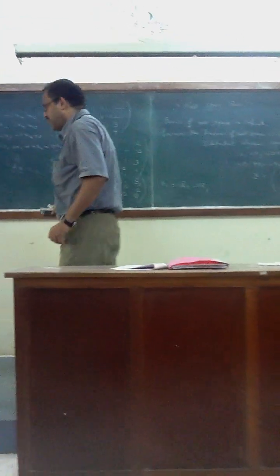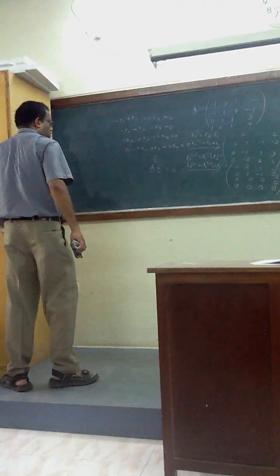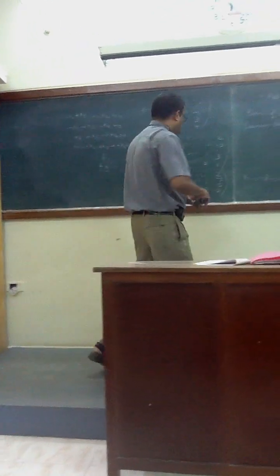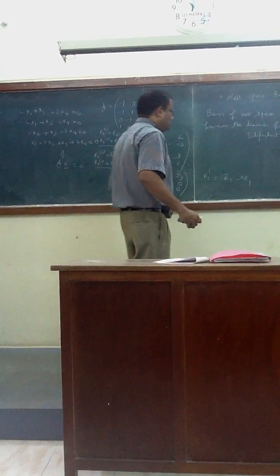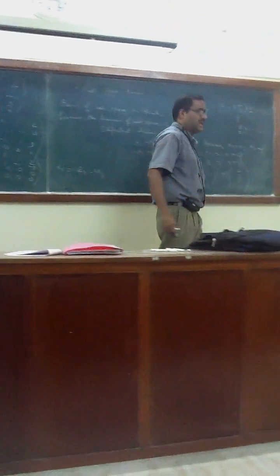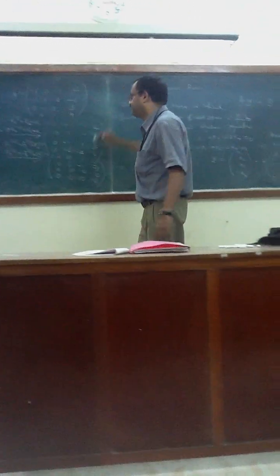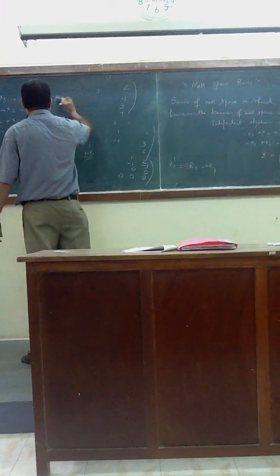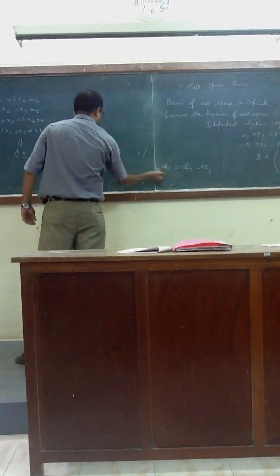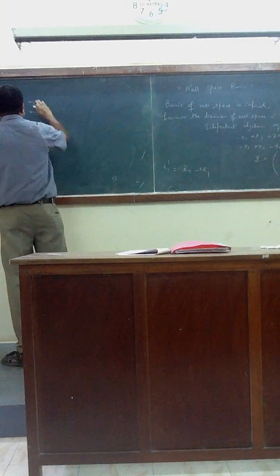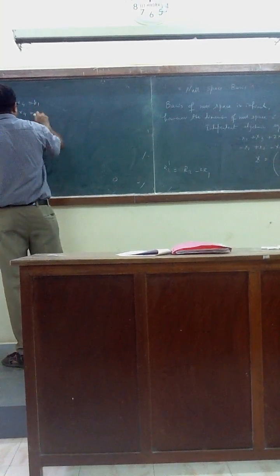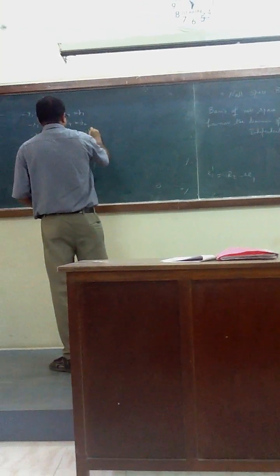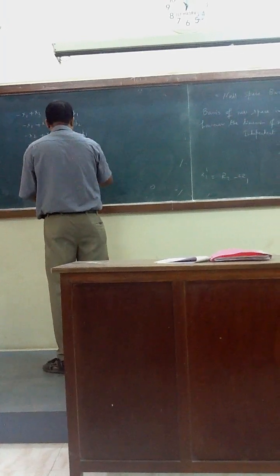So we have seen the dimension of null space is actually 2. Next, we will be talking about something called a range space. What I have done here, I will put B1, B2, B3, B4.